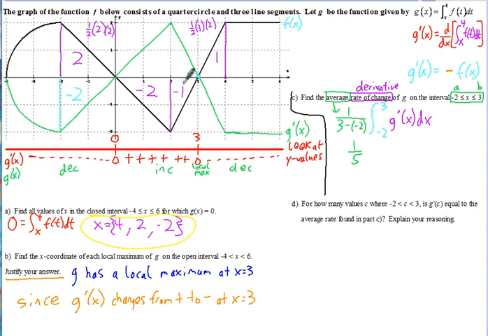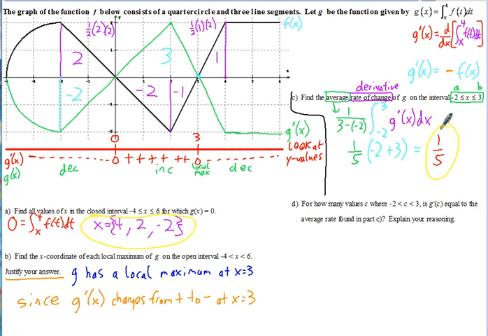And since this one down here is negative 3 altogether, this would be a positive. So that would be negative 2 plus 3, which is just 1, times 1/5 gives you 1/5. So that's the average value of the derivative, or average rate of change of g on the interval from negative 2 to 3, so 1/5.